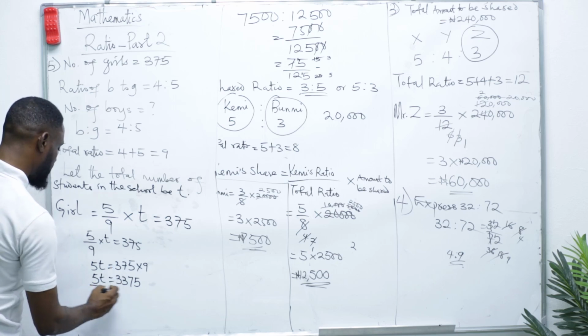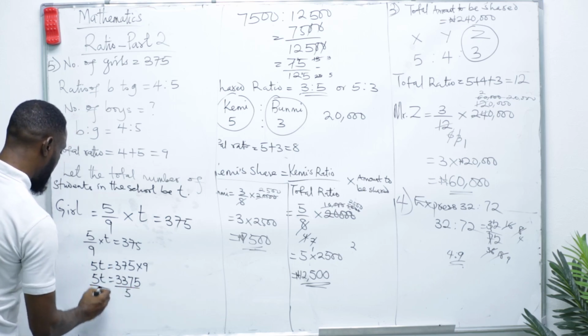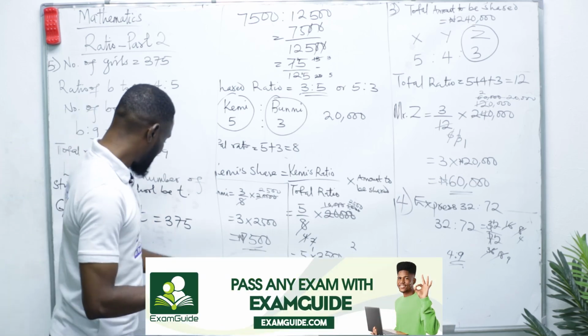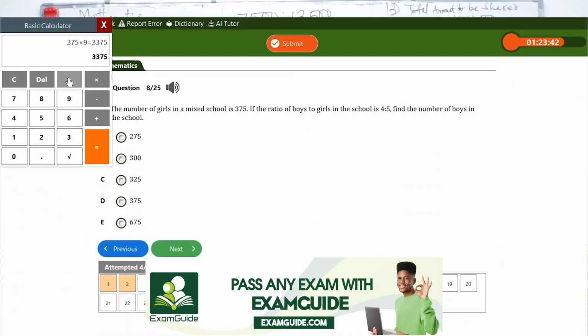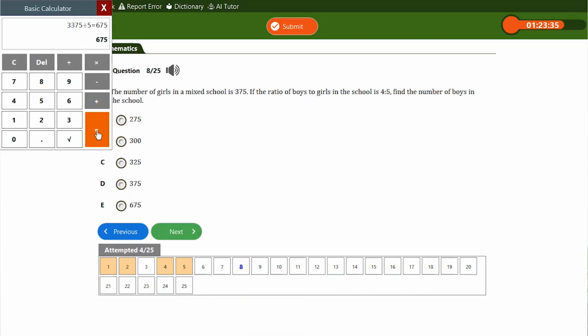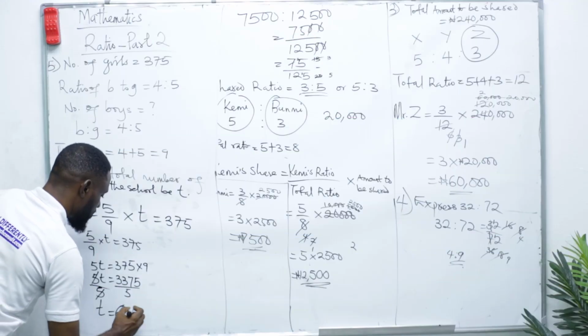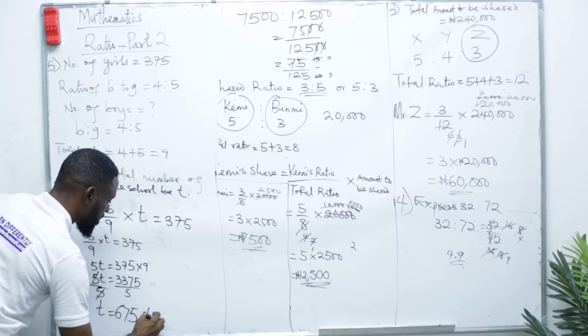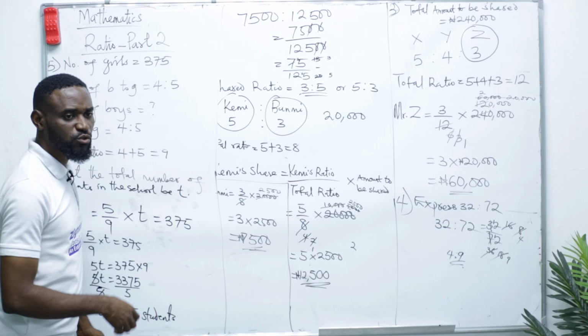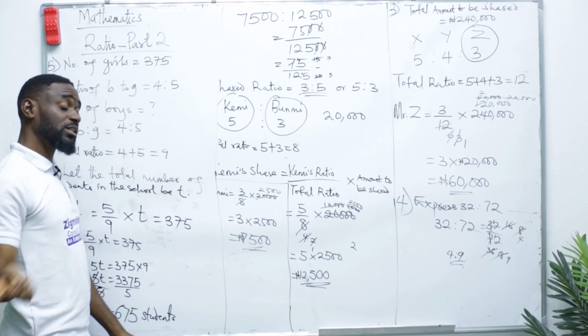So 5 cancels here, and T will be equal to 3375 divided by 5, which gives us 675 students altogether in the school. That is the total number of students in the school.